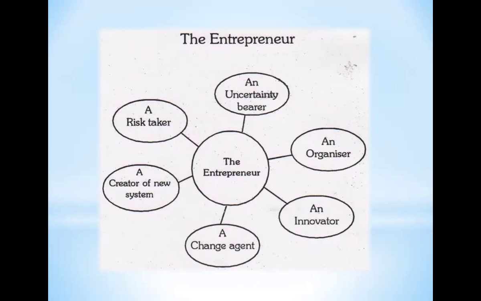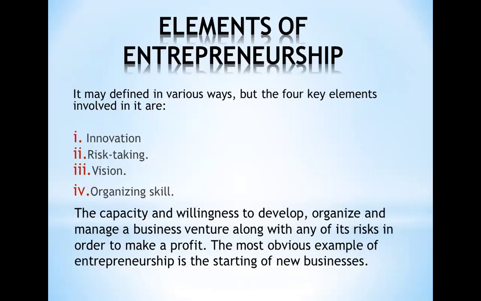That means he should generate a new idea, new product, new process in the market, and be an uncertainty bearer. The entrepreneur is also an uncertainty bearer because business is full of uncertainty, so he should be ready to face that uncertainty.